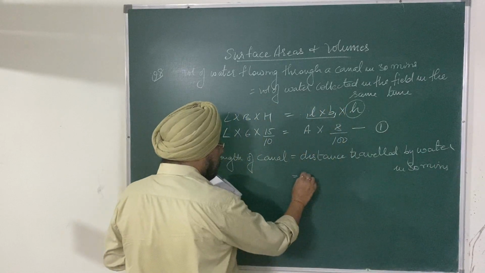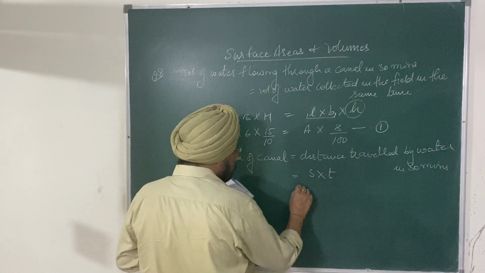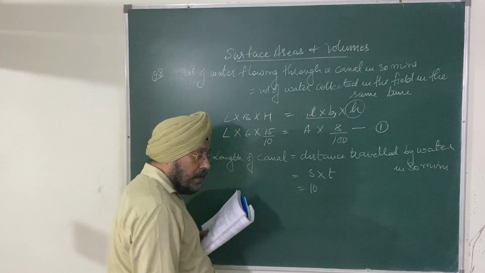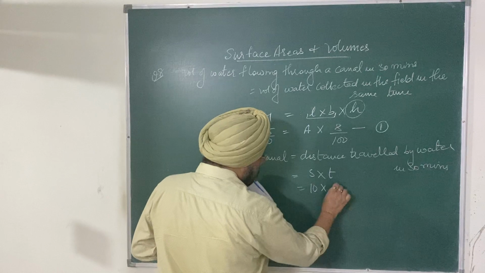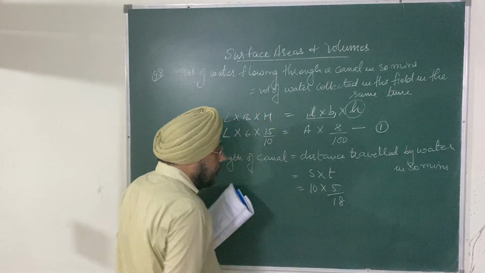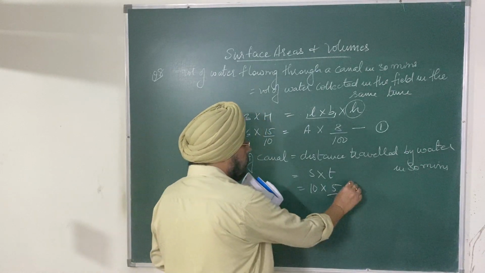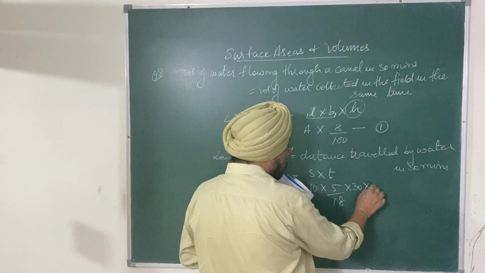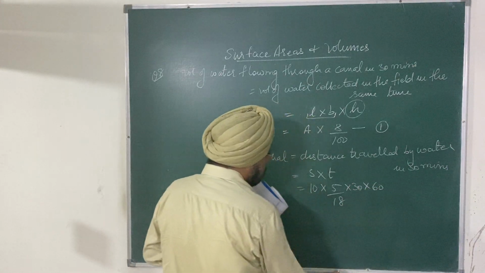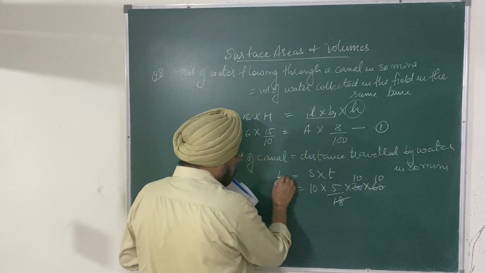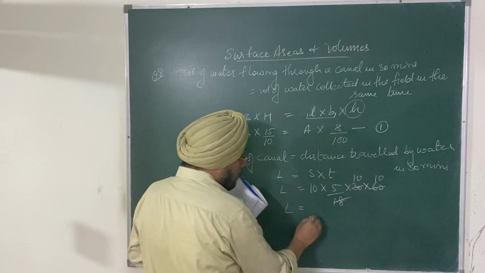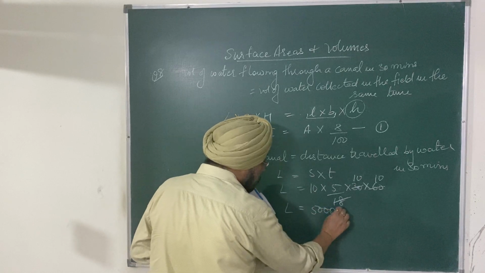Since distance is equal to speed multiplied by time, and speed is given as 10 km per hour, just convert it into meter per second by multiplying with 5 by 18. Time is given as 30 minutes, so convert it into seconds. Just cancel. We get the length of the canal as 5,000 meter.